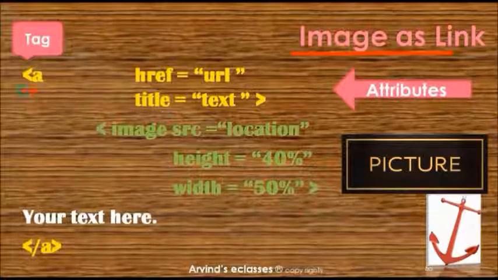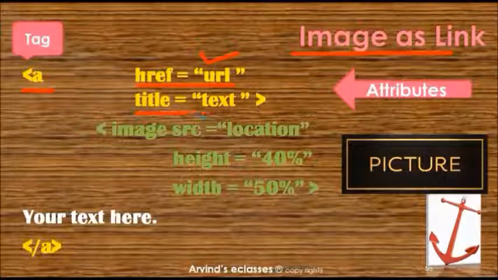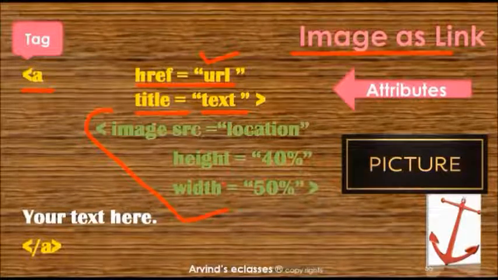Just now, we are using the anchor tag with the same attribute, href, where we give the path of the web page. URL stands for Uniform Resource Locator. Here is the title to give a comment, and here we will use the image tag, and you already know the image tag is an empty tag.